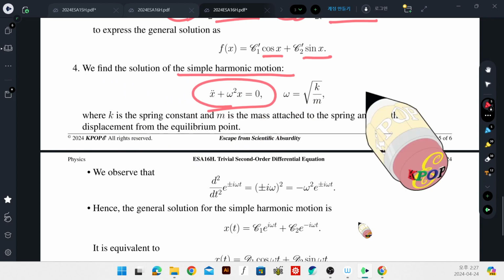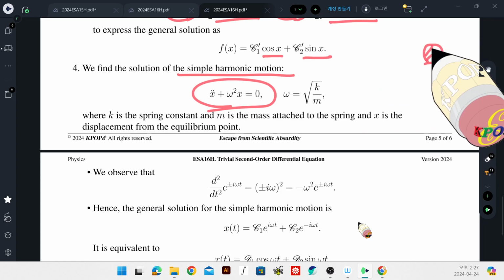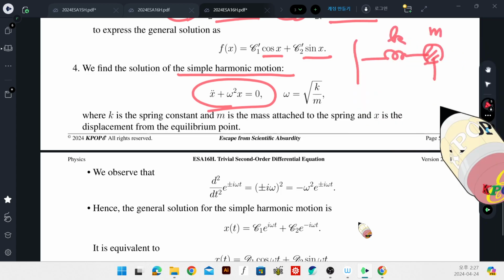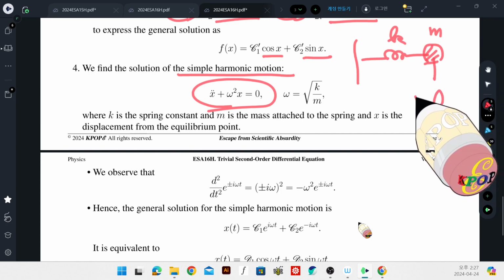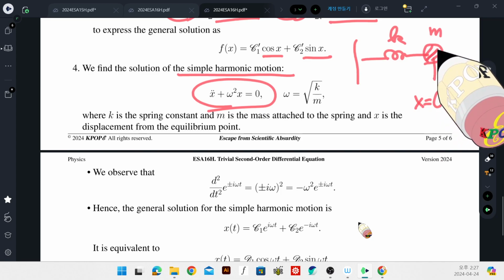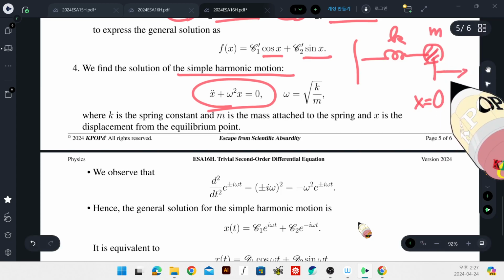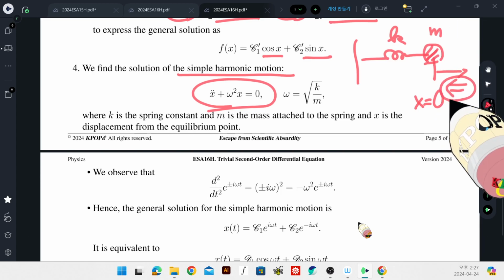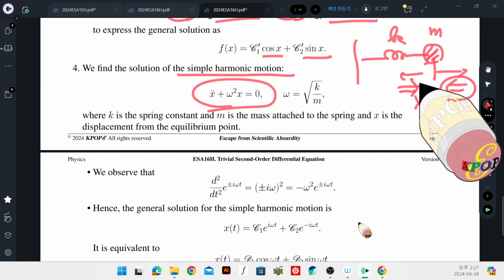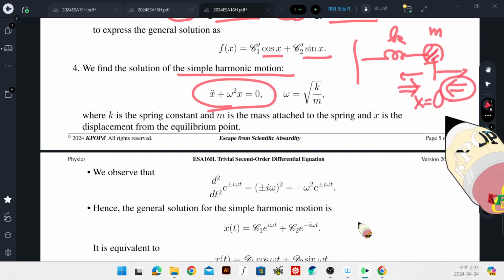And actually, it is related to a mass spring system, spring constant k, and its equilibrium position where the spring force does not apply to the mass, and any deviation from this equilibrium position generates the restoring force toward the equilibrium position. If it moves to the left, then the force is toward the center. That is the equilibrium position.